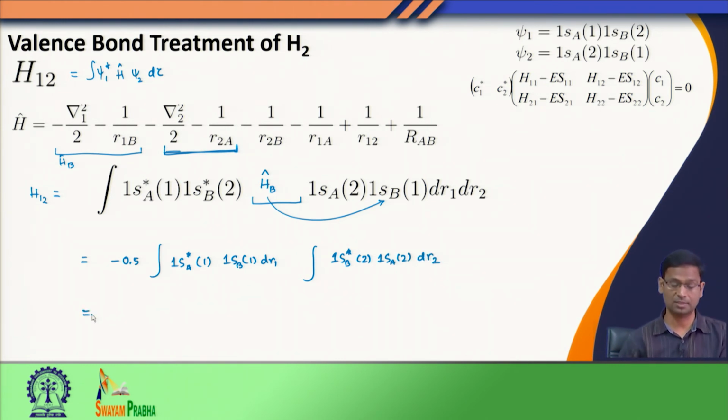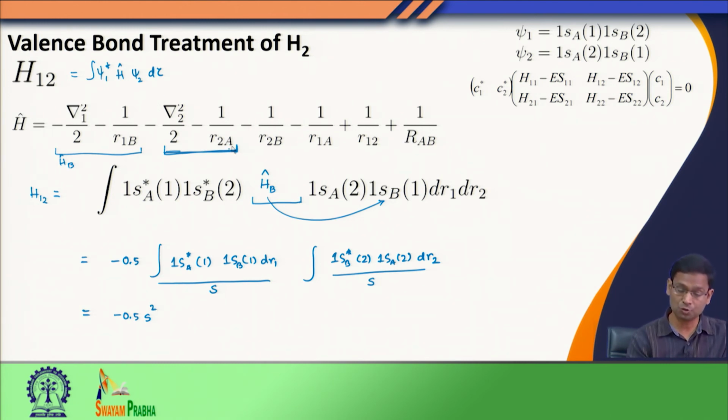Now, when I look at this term, what do I get here? I get the overlap between 1sa and 1sb. We have seen this term when we were determining the S12 overlap integral. This term is not going to be 0 because these are eigenfunctions of two different hydrogen atoms, 1sa and 1sb. Therefore, they will have some finite value that depends on the internuclear distance, and we had already defined them as S. Similarly, this term will also have an overlap integral S, and together I will get minus 0.5 S square.